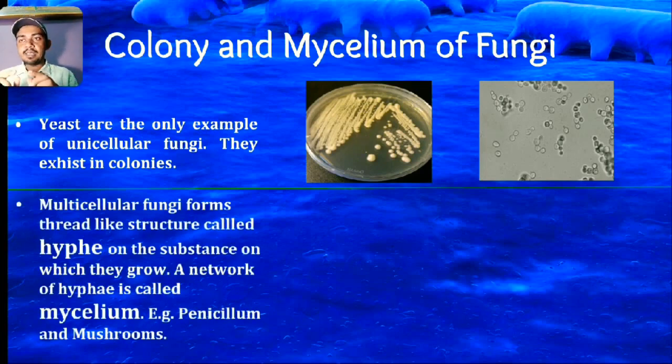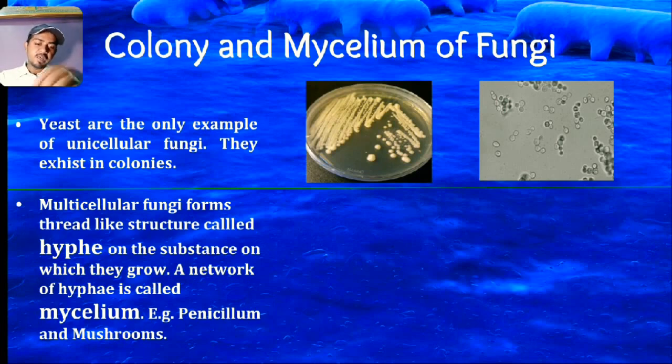On the substance on which they grow, a network of hyphae is called mycelium. When lots of hyphae combine together to form the organism itself, that is mycelium. Actually, mycelium is not an organism, but the whole structure, I would say.